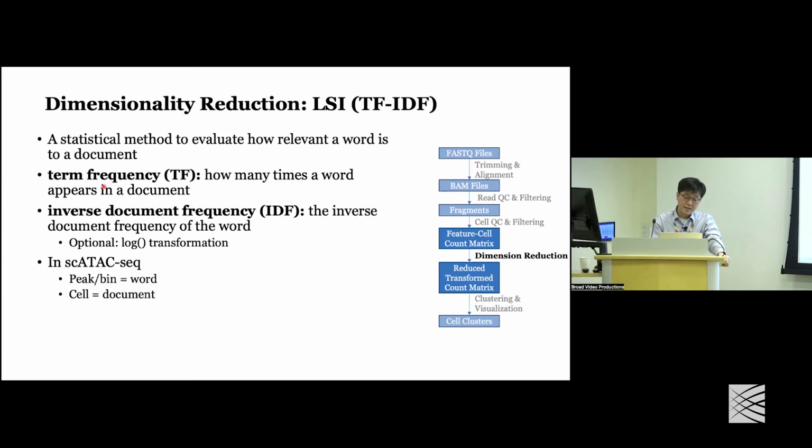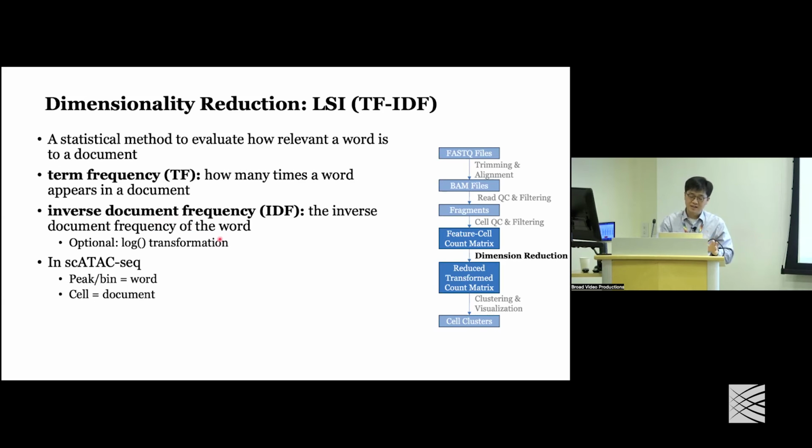TF is an acronym for term frequency. IDF is an acronym for inverse document frequency. But in the single-cell ATAC-Seq setting, the peak or bin, the feature, is equivalent to the word, okay? And then cells are documents, okay? That's how you translate this term.